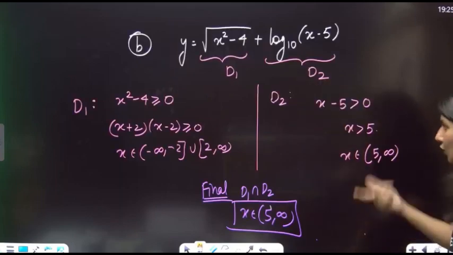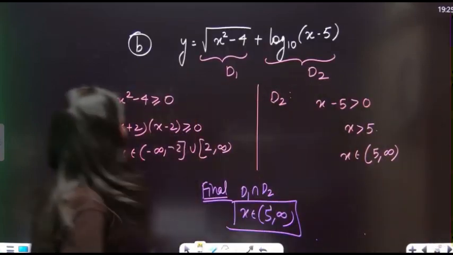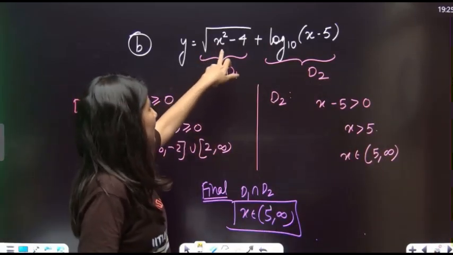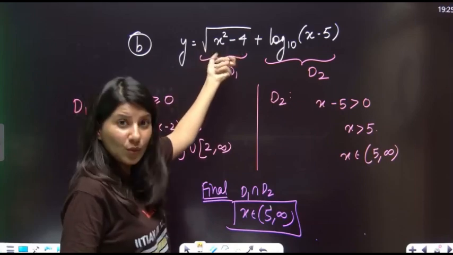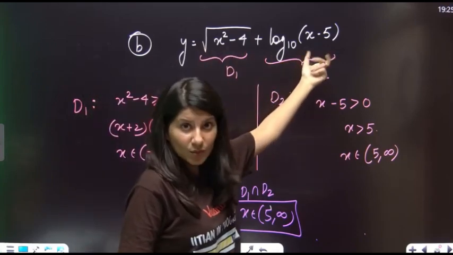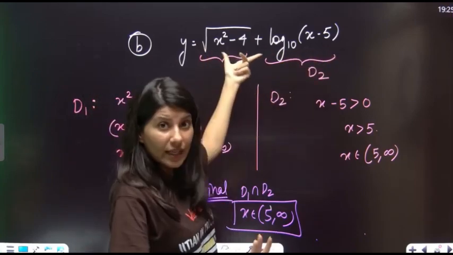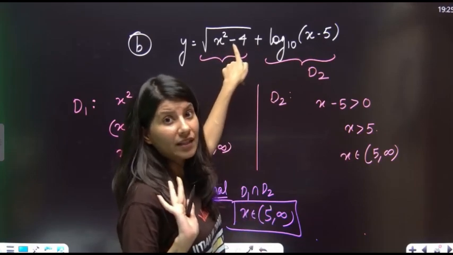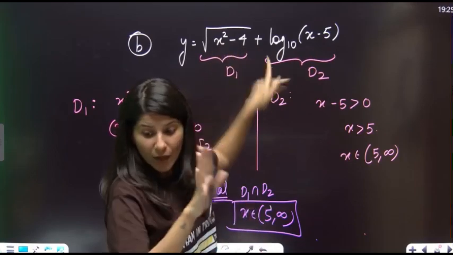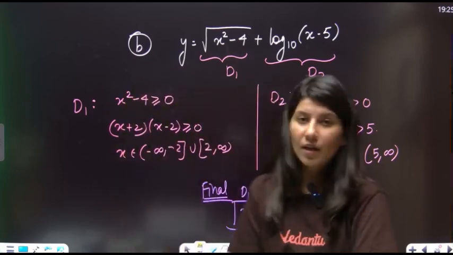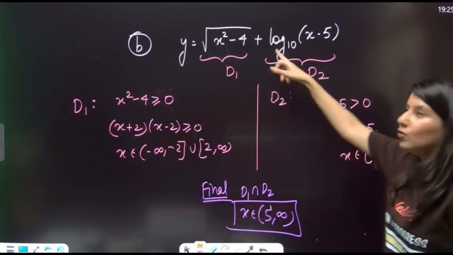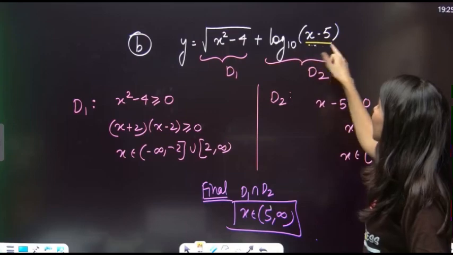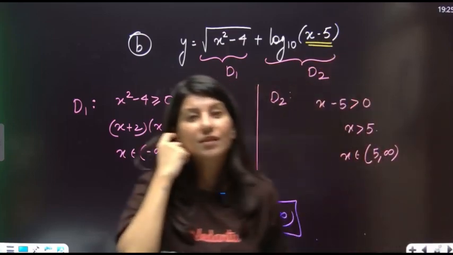Now coming back to your question, if I talk about this, this is your Bhalu and this is your Lalu. Now Bhalu is saying that my square root should be positive, bhai. The expression inside my square root should be positive. And Lalu, the log, is saying that x minus 5 should be positive.